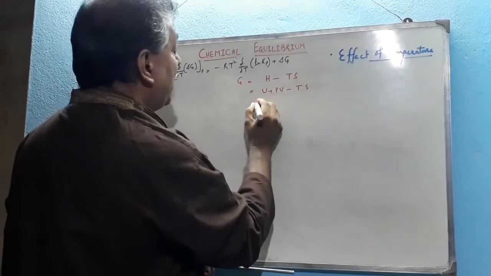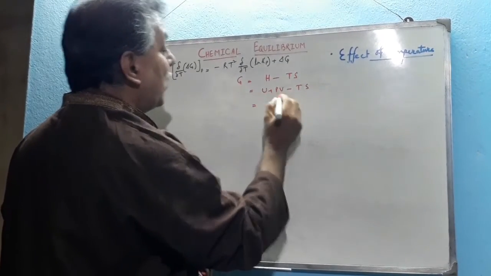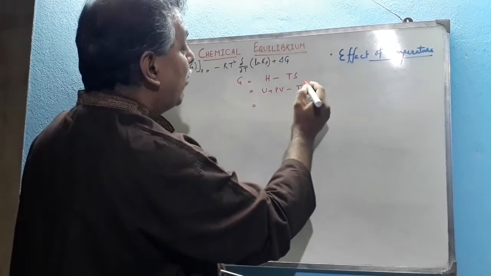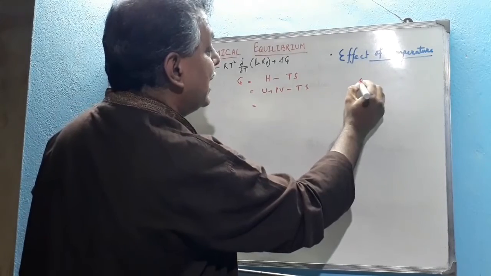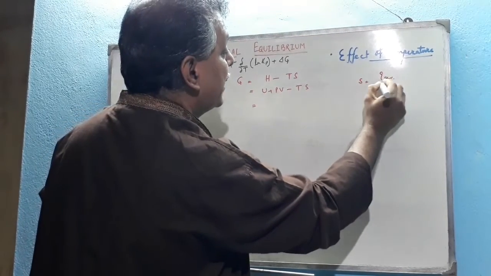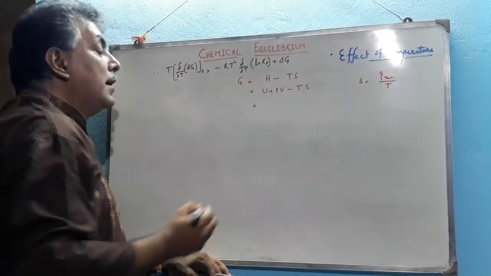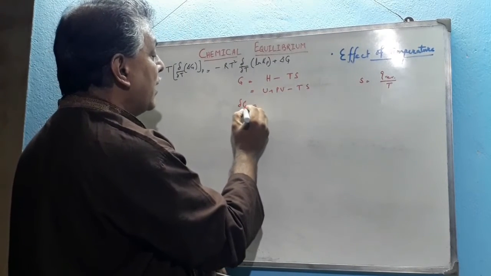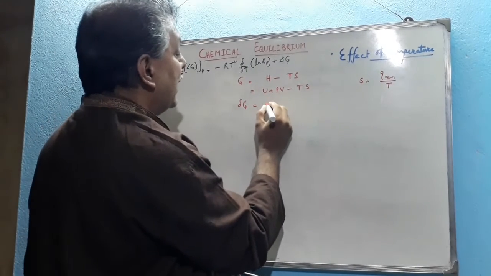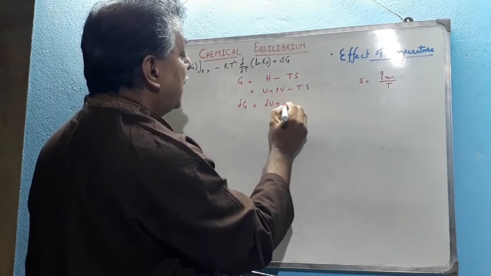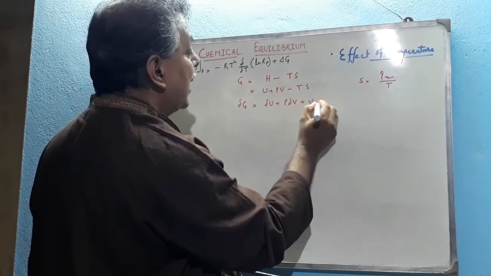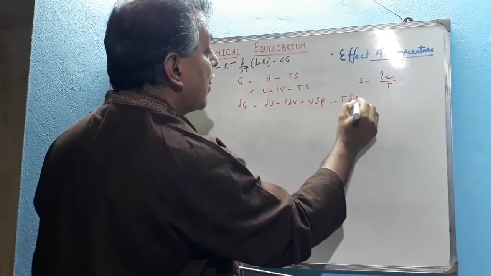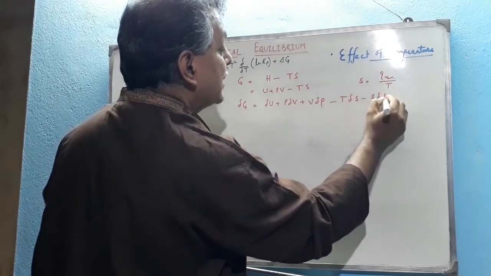Here TS equals T into S, where S equals Q reversible by T. Then U plus PV, in case of del G at constant P, we can say del U plus P del V plus V del P minus T del S minus S del T.